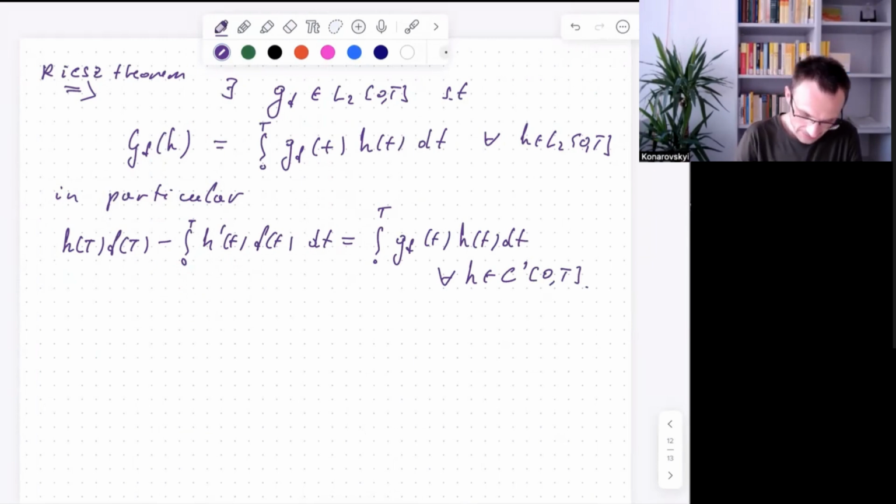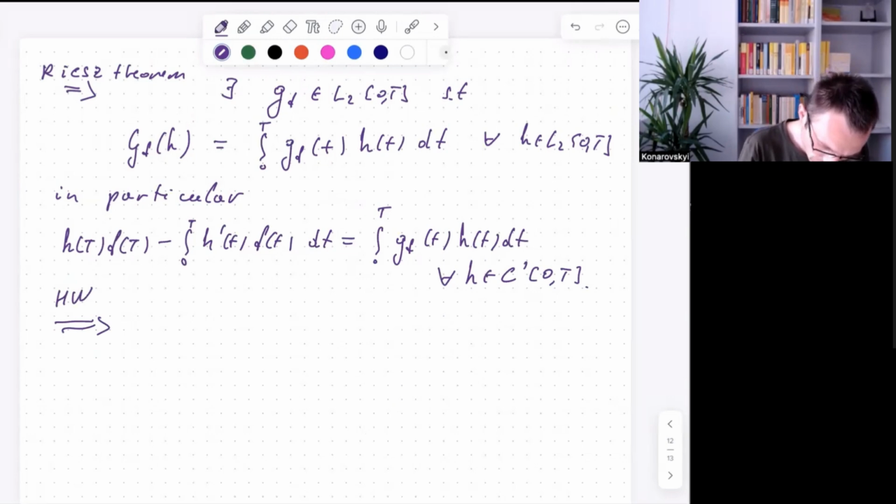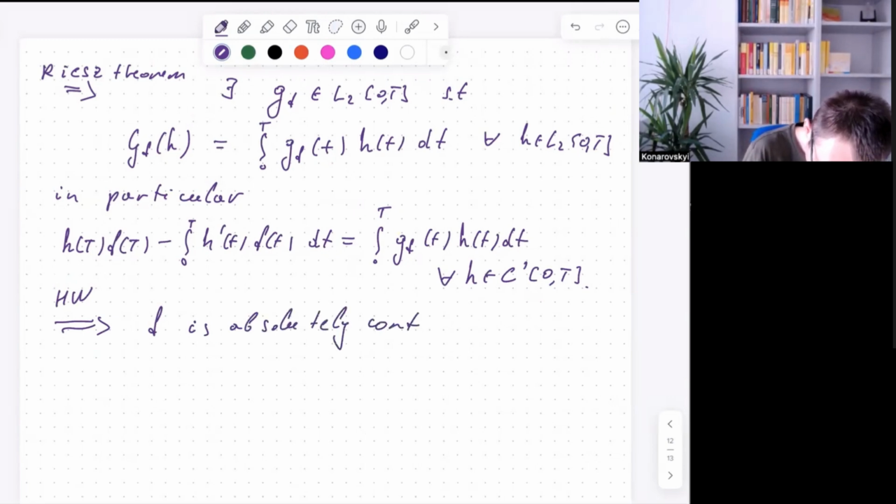It is a nice property, a nice equality. Since it is satisfied for every h, you will have a homework exercise, which you will get with the next homework. You will need to show that this implies that function f is absolutely continuous, and its derivative is exactly this function g.